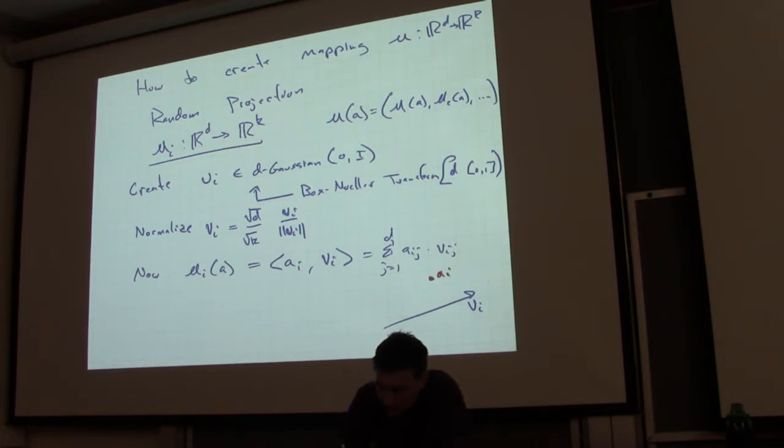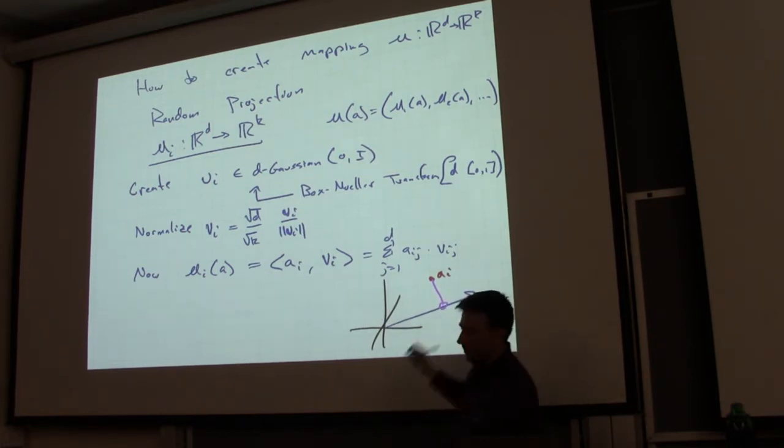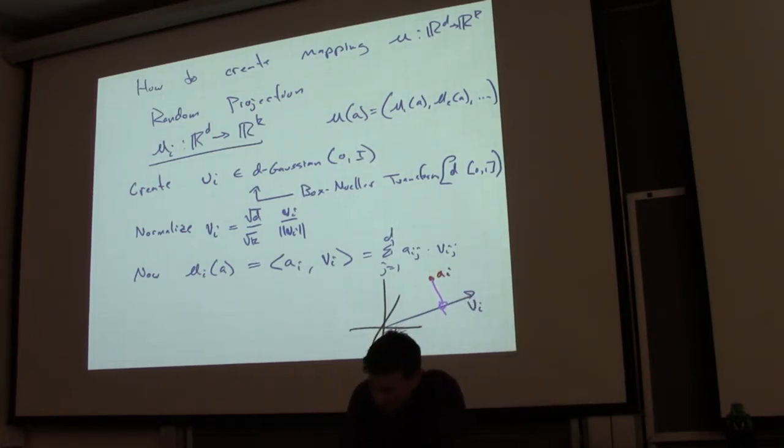and Ai was here, remember, I'm in some high dimensional space. Then what this is doing for me is I'm projecting down onto Vi, and I'm recording this distance.